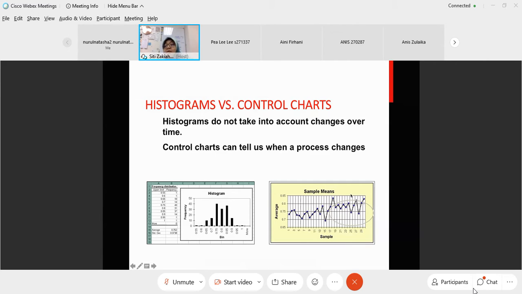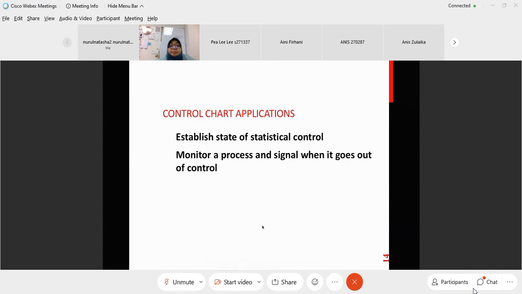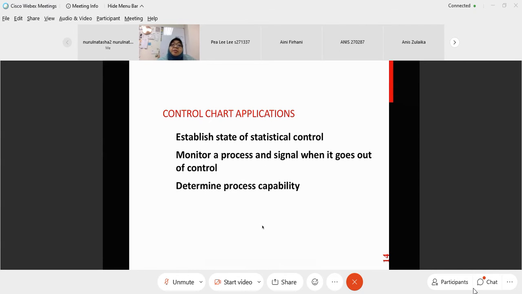So kita tengok apa yang menyebabkan jadi macam tu. Control chart application, establish state of statistical control, kita monitor dan kita determine sama ada proses tu capable or not. That is the application of control charts.